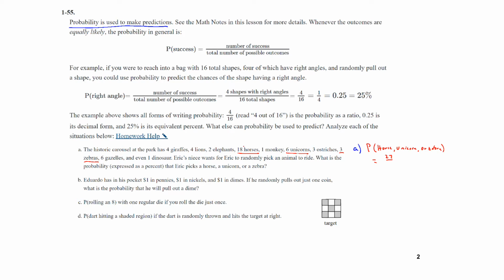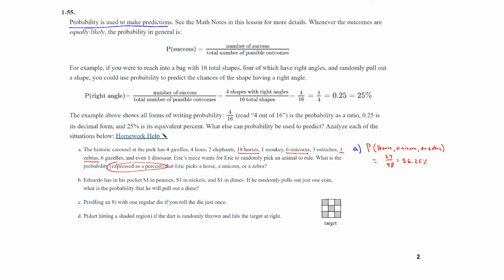So if you add up the rest of them, we should get a total of 48 possibilities. And if you divide those two numbers, since it says that it wants us to express it as a percent, it doesn't tell us what to round to, so I'll just keep it exactly what we calculate. 56.25% is the probability that he's going to ride a horse, unicorn, or a zebra.